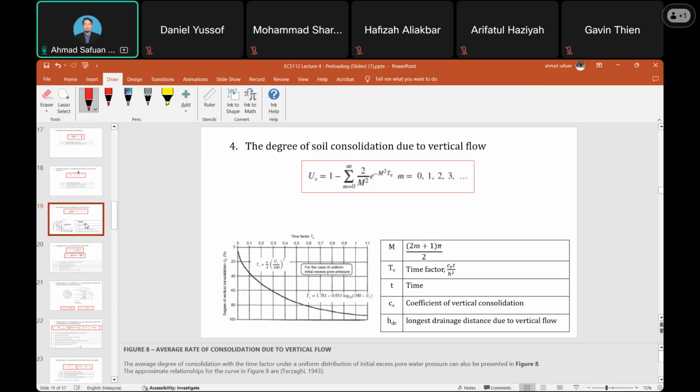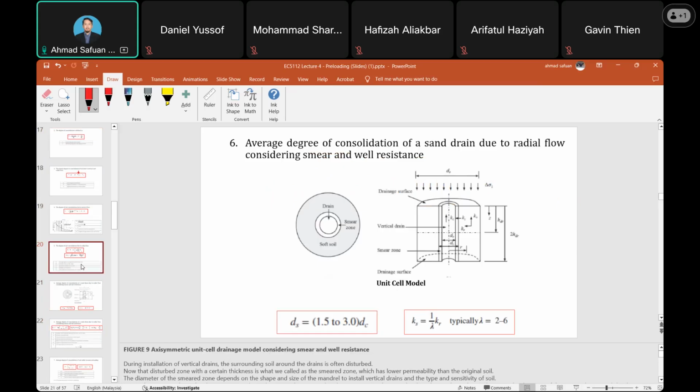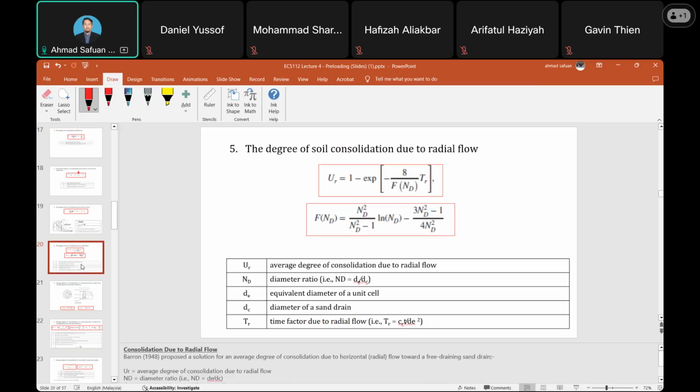While for the radial flow, it is CR times T over DE squared. DE is the equivalent diameter of a unit cell.